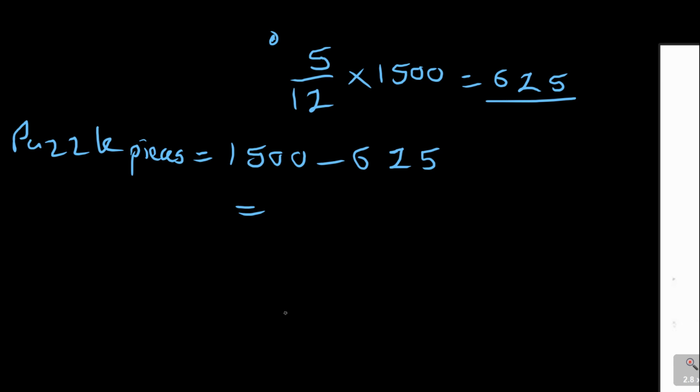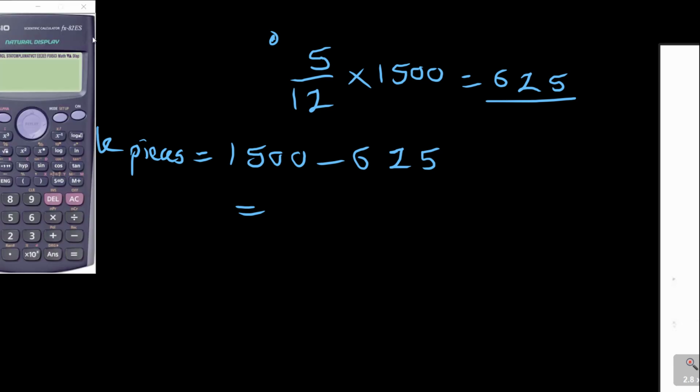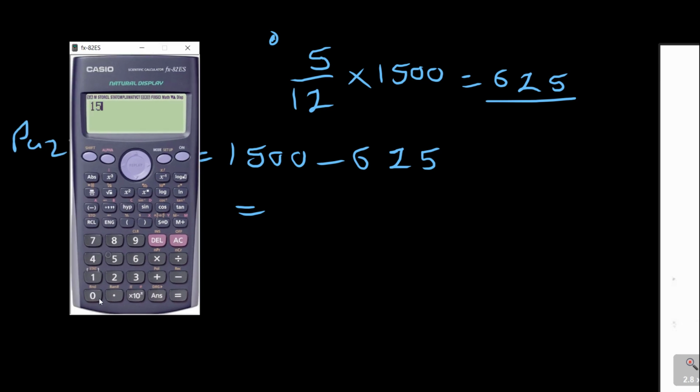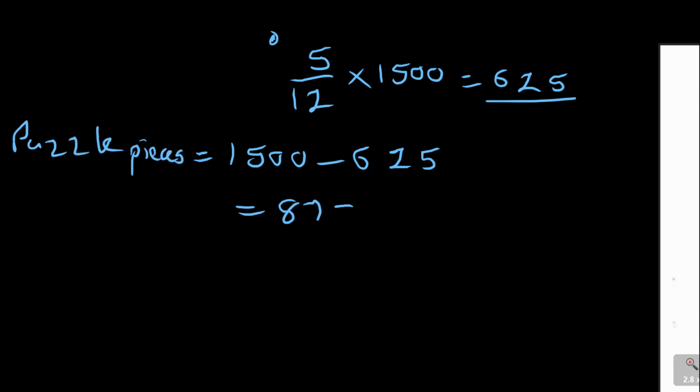Then you just subtract the two and it gives you the answer. It wasn't really complicated. 1,500 minus 625 is equal to 875. So that was that, something simpler than it looked.